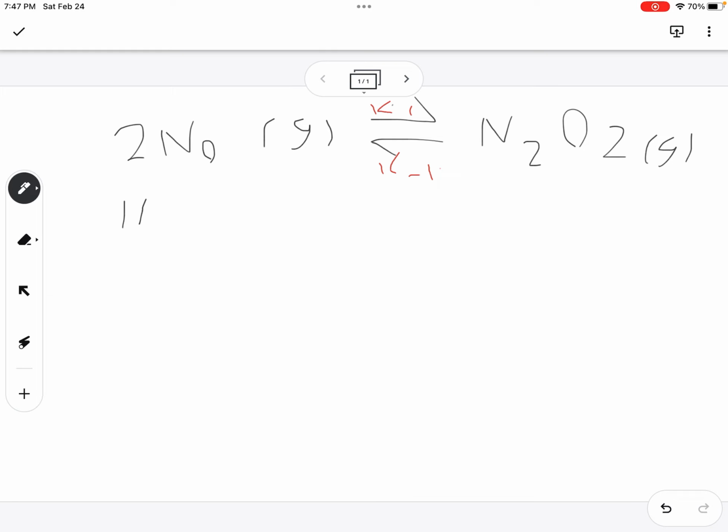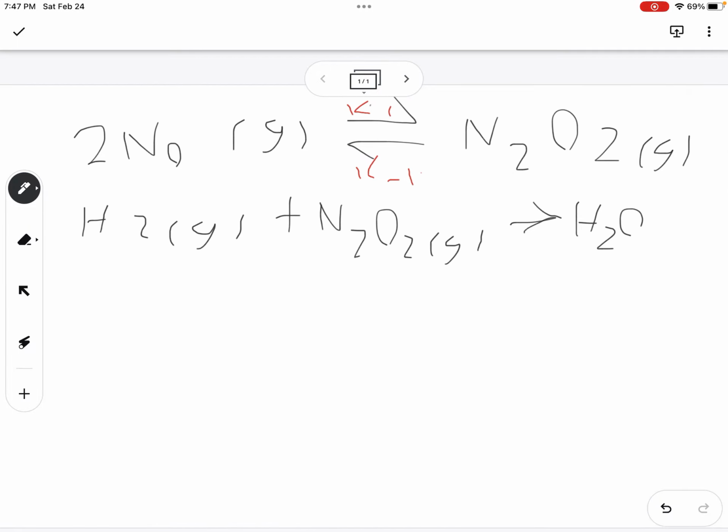We have H2 gas. N2O2 gives us water. And pretend I'm writing the state symbols here, like a good chemist.